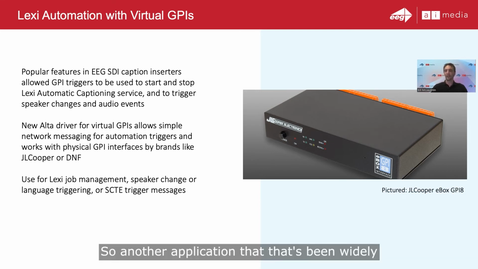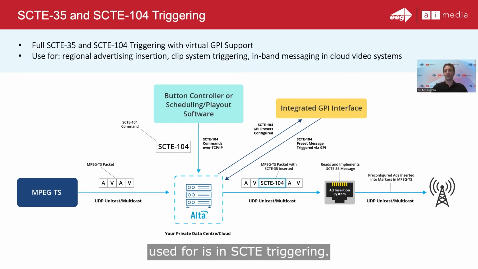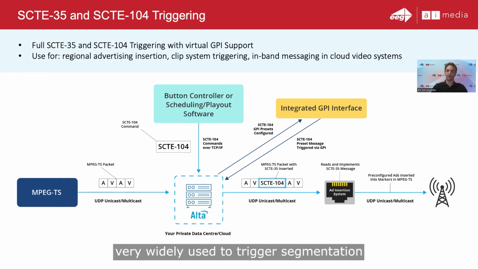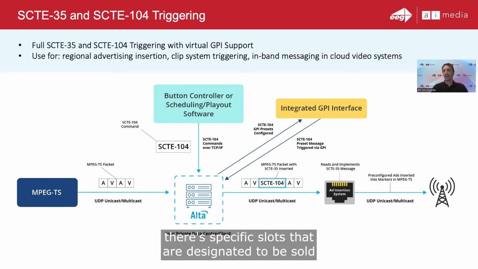So another application that's been widely used for is in SCTE triggering. So the SCTE 35 and SCTE 104 standards are being very widely used to trigger segmentation and digital ad insertion in more complex downstream paths where, for example, imagine a content provider is originating an event, and during commercial breaks, there's specific slots that are designated to be sold as local or downstream advertisements, right?